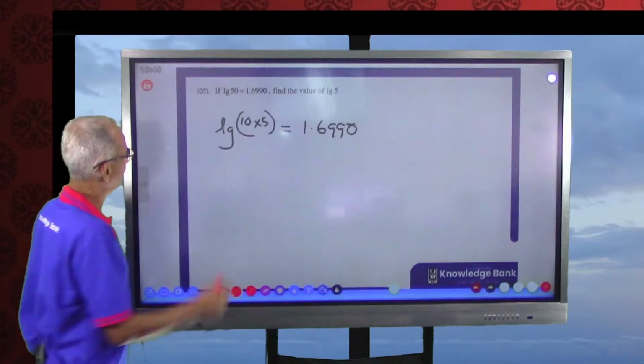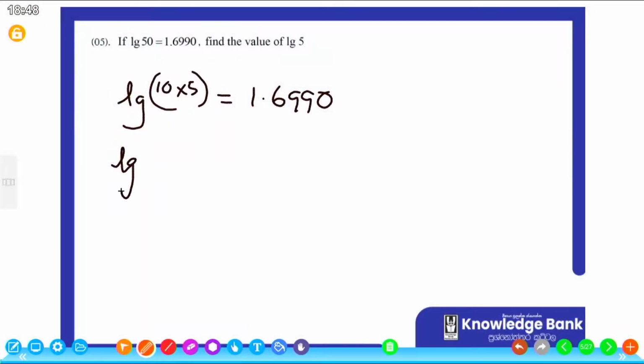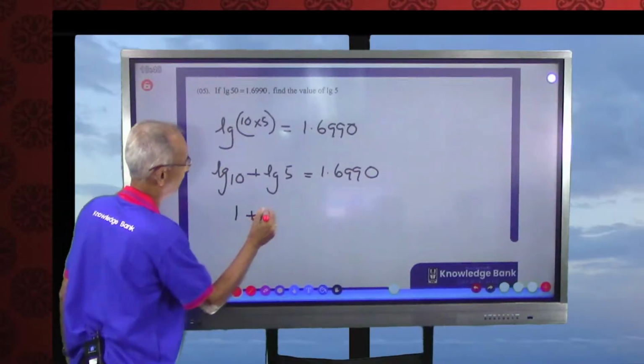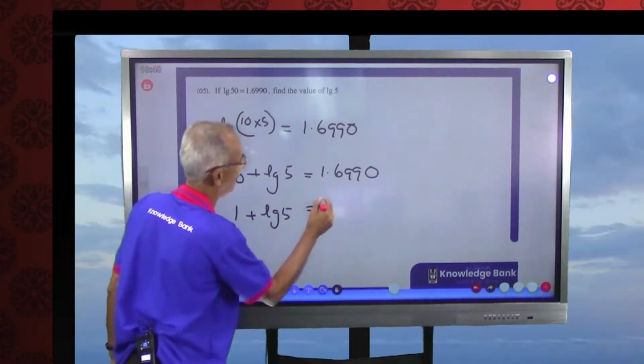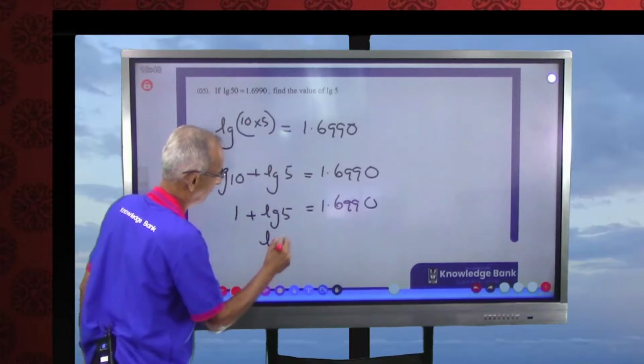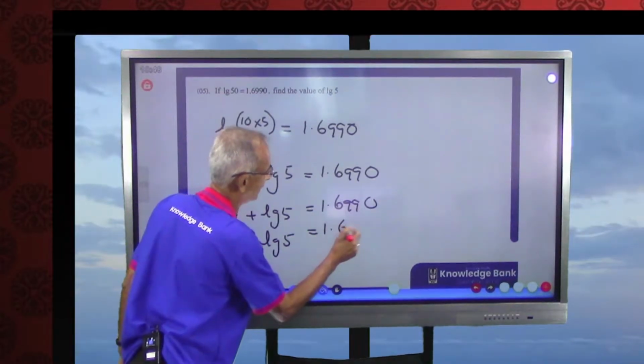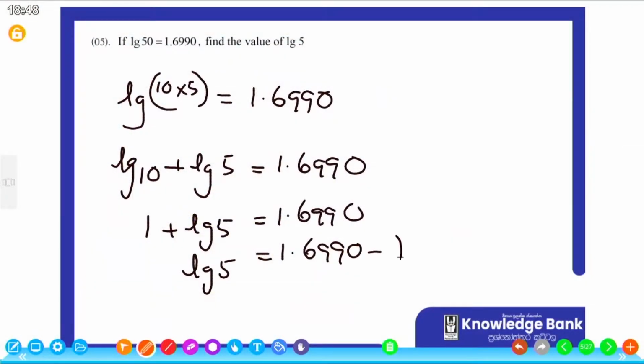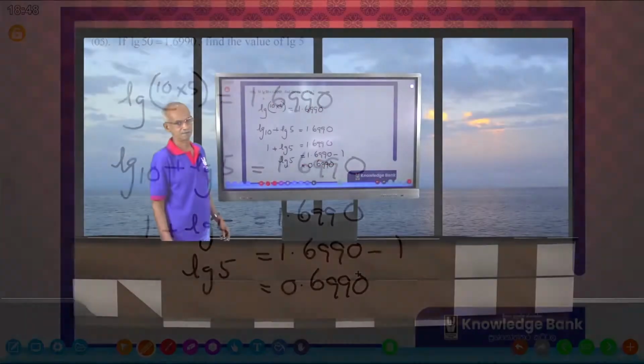Again, we can write log 10 plus log 5 is equal to 1.6990. Log 10 is 1, so 1 plus log 5 is equal to 1.6990. Therefore, log 5 is equal to 1.6990 minus 1, which is 0.6990. That is the answer.